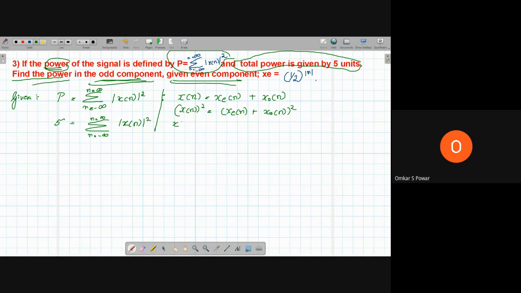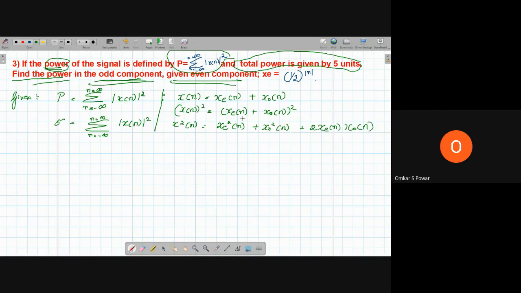Now x square of n is equal to x even square of n plus x odd square of n plus 2 times x even of n into x odd of n.